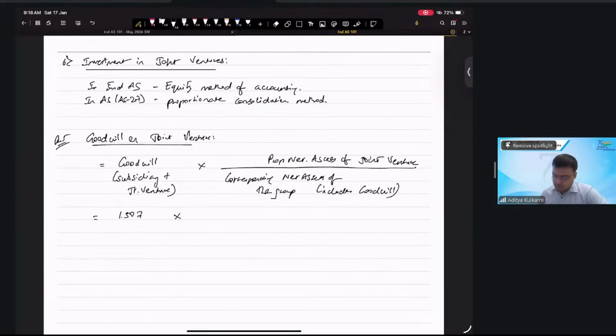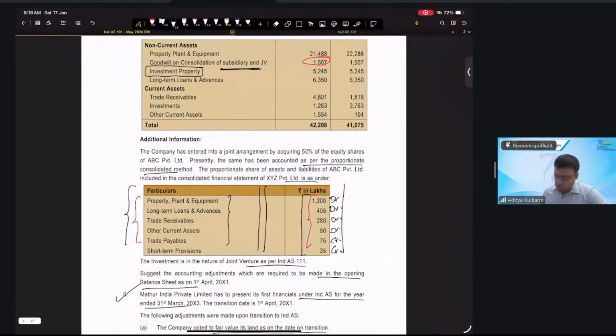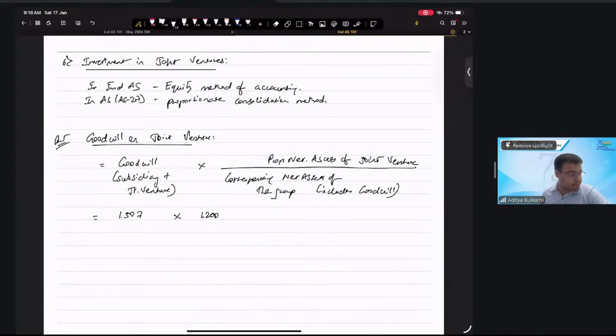multiplied by, what is the net assets? 1200, 405, 280, 50 minus 75 minus 35, divided by the corresponding net assets of the group.